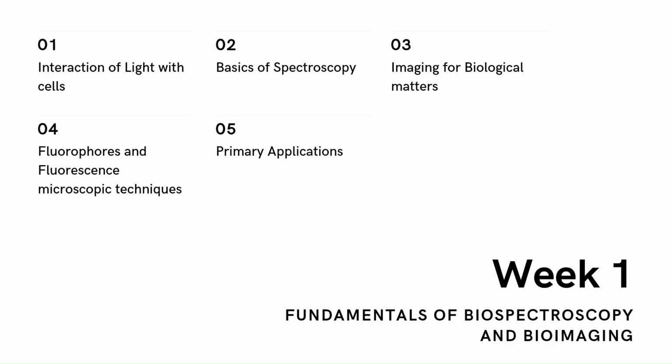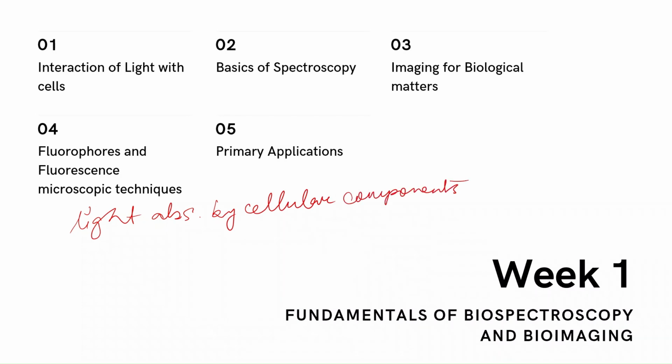If you divide light absorption by cellular components, we can have two types: radiative and non-radiative.